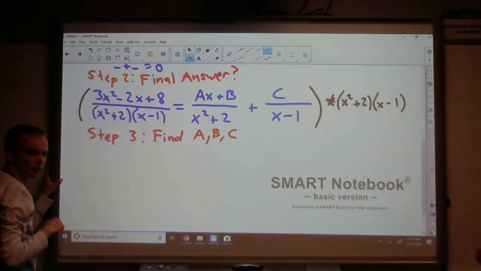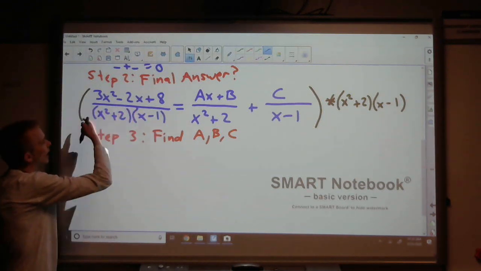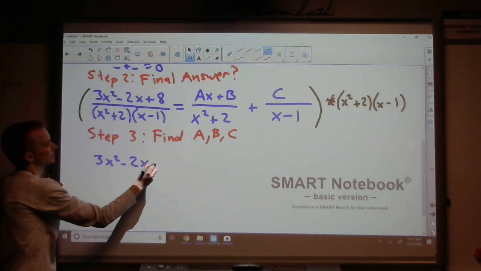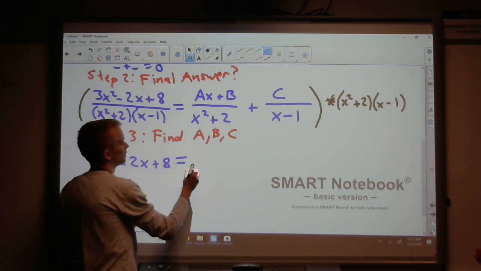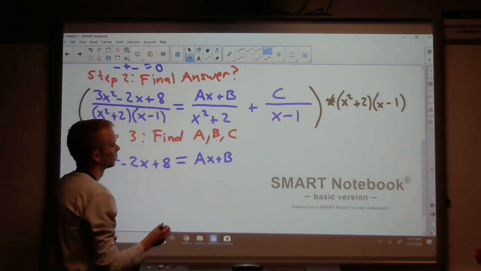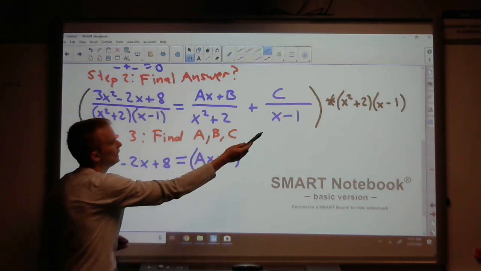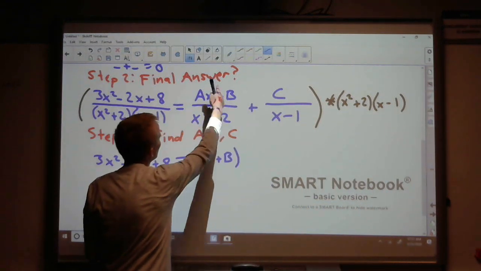We should get rid of all the fractions here. So this will cancel out, and I'll just get 3x squared minus 2x plus 8. This equals ax plus b. We'll still have this ax plus b, but I should look at these two are timesing by this one.